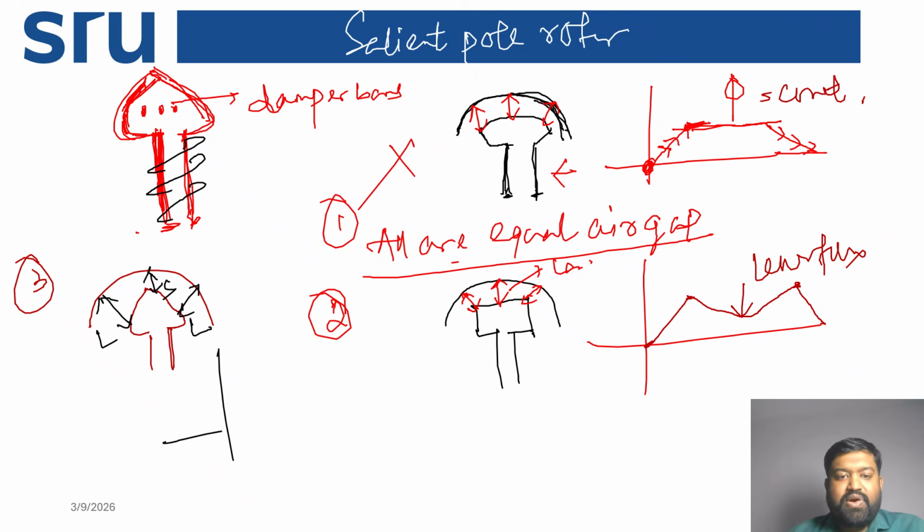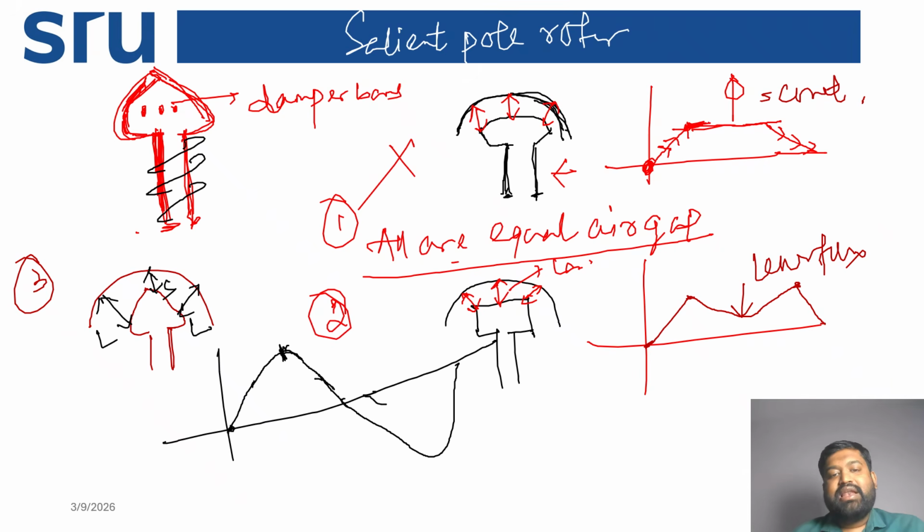But you see what will happen, the output you are getting: initially it will build up the flux, but due to the lesser air gap, the flux will be more. And after some time, again the air gap will increase, and the flux is like this. Similarly, in the alternate position, you will get the flux like this.